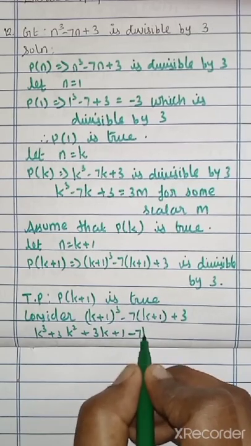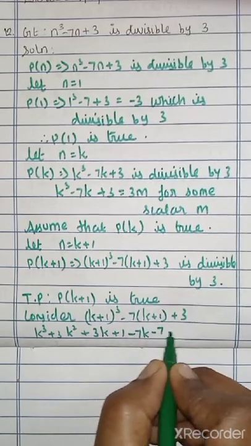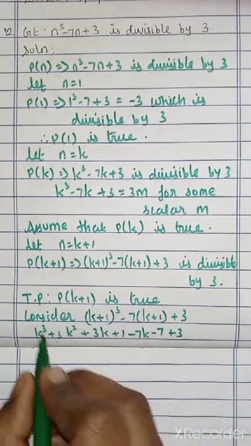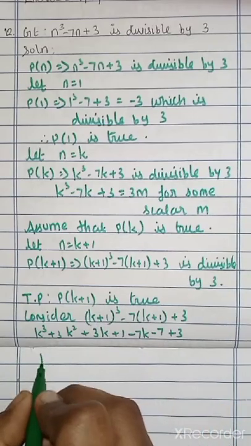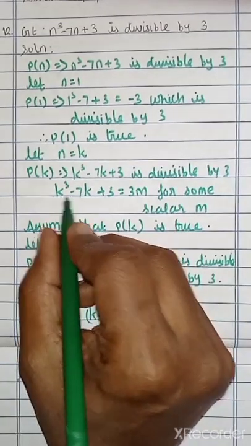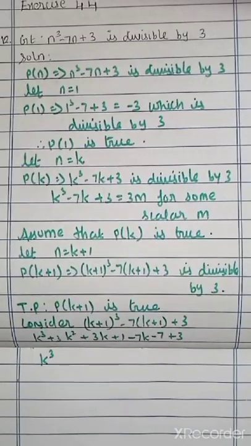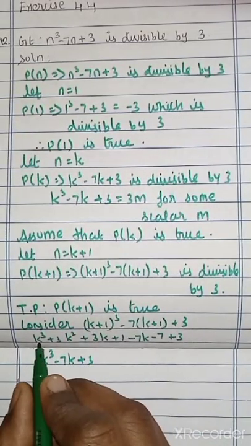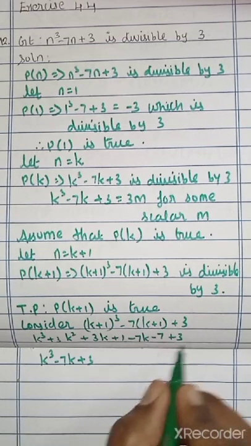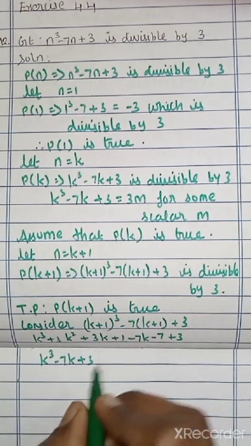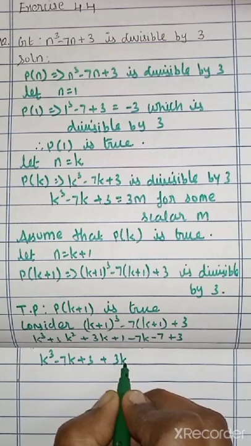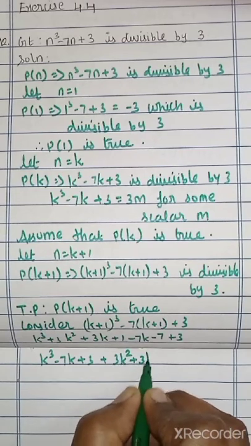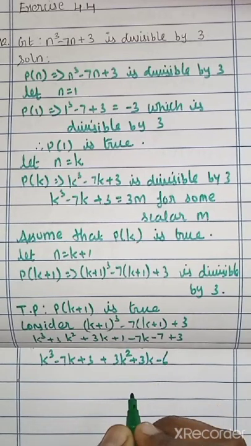Minus 7 into k is 7k, minus 7 plus 3. Again, we can combine k cube minus 7k plus 3. The remaining terms we can take as 3k square plus 3k minus 6.